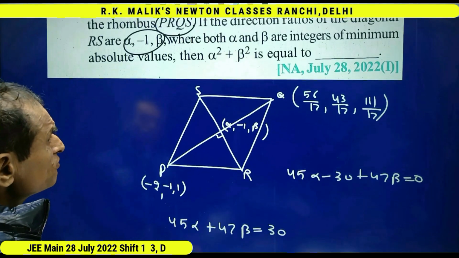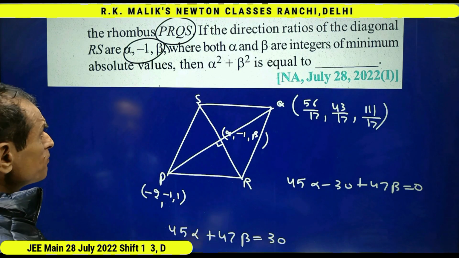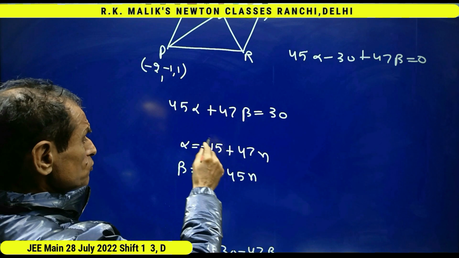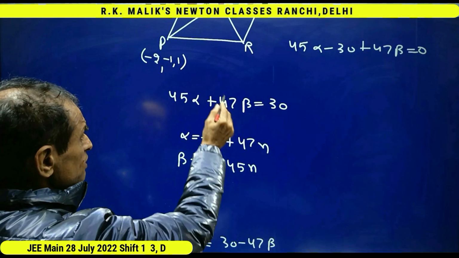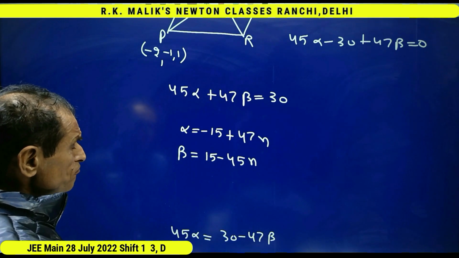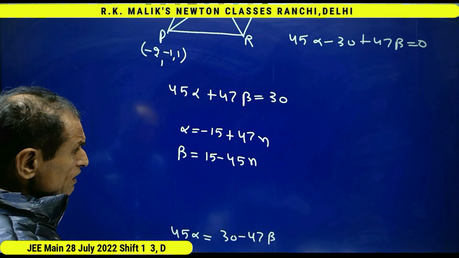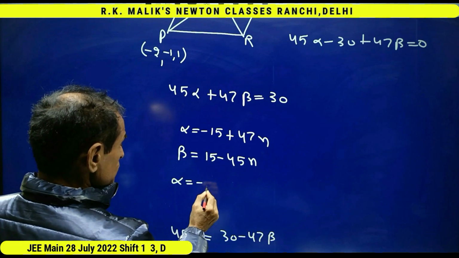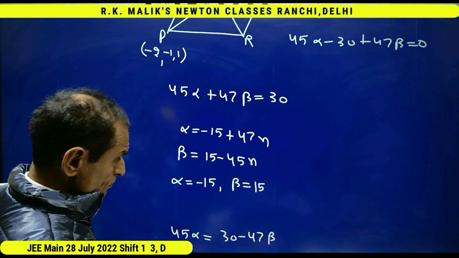And because he was telling us that alpha and beta are integers of minimum absolute value, you go on putting the integral values of n, you'll go on getting the values of alpha and beta satisfying this. But because I have to find the minimum absolute integral value of alpha, hence I take n equal to 0, and therefore I will get the value of alpha as minus 15 and beta equal to 15.